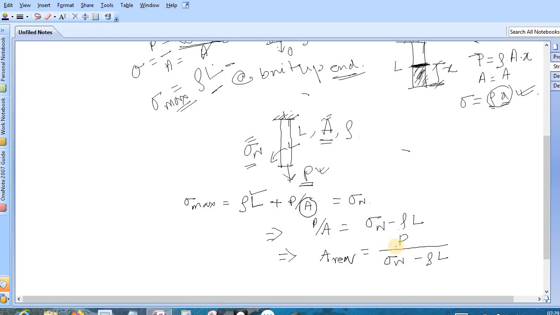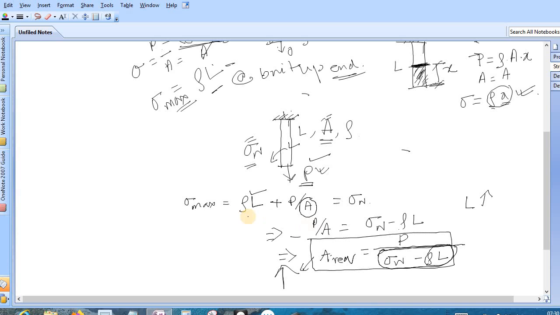So here you can see there are a lot of implications of this equation. What are these? Well, the very first one is when the length increases, this term increases, agree, and the whole denominator decreases. When this whole denominator decreases, that means your requirement of cross-sectional area increases. So the more the length of the bar, the more the requirement of cross-sectional area.